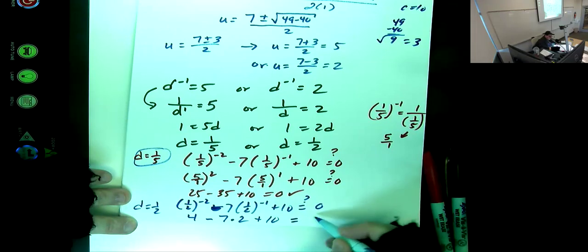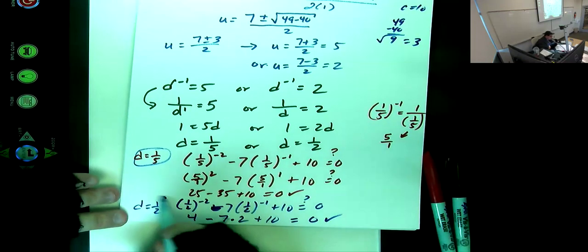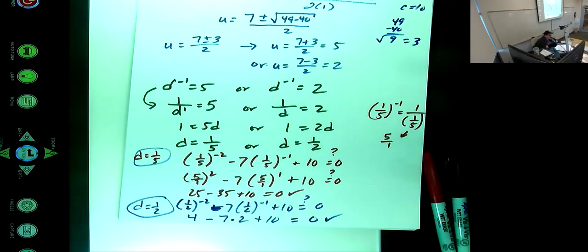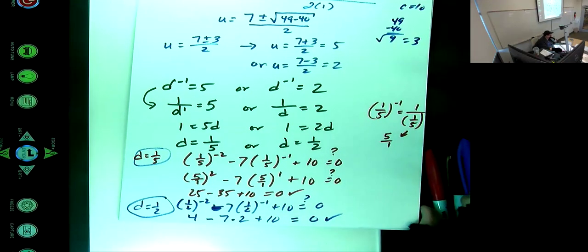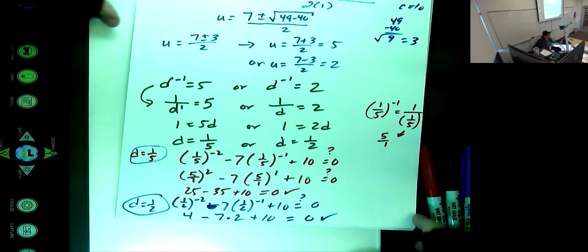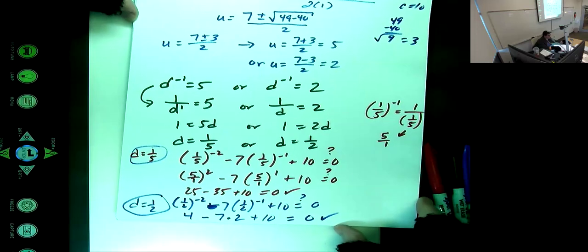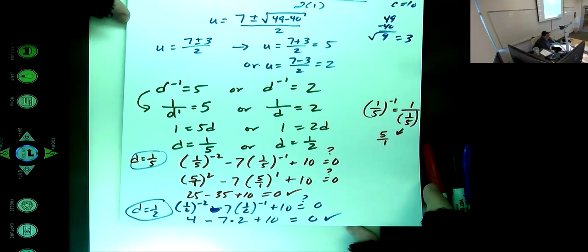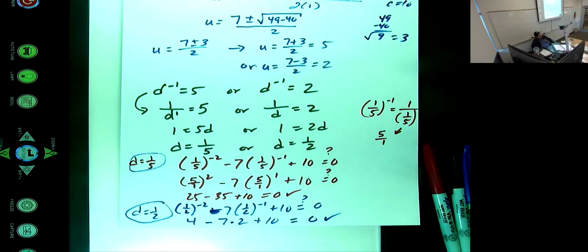I get 14 minus 14, that also equals 0. They take a while, right? They're not short problems. But there's no particular step that's excessively difficult.